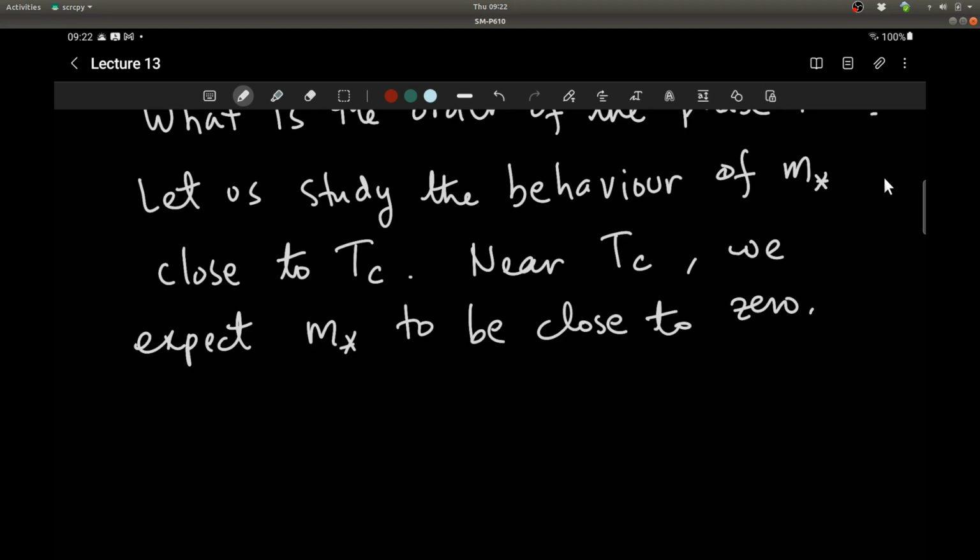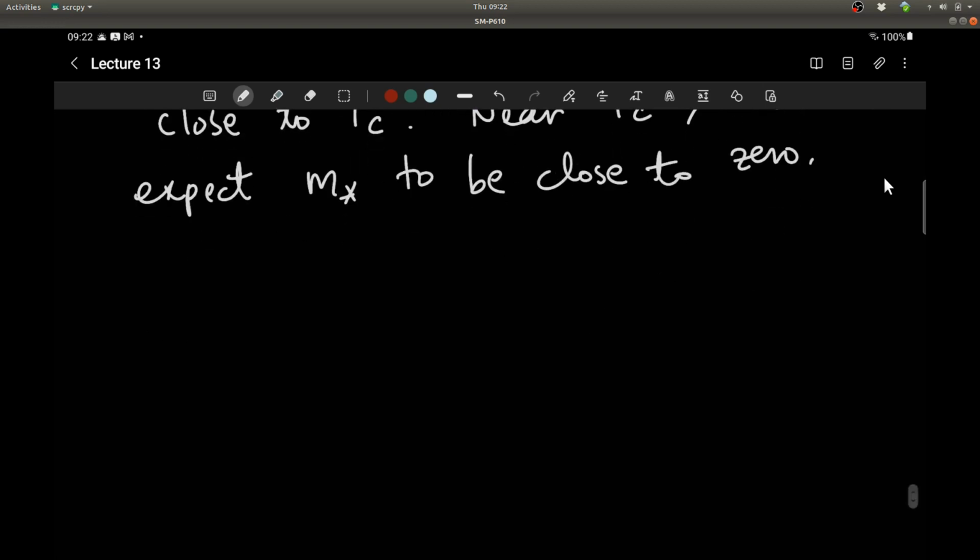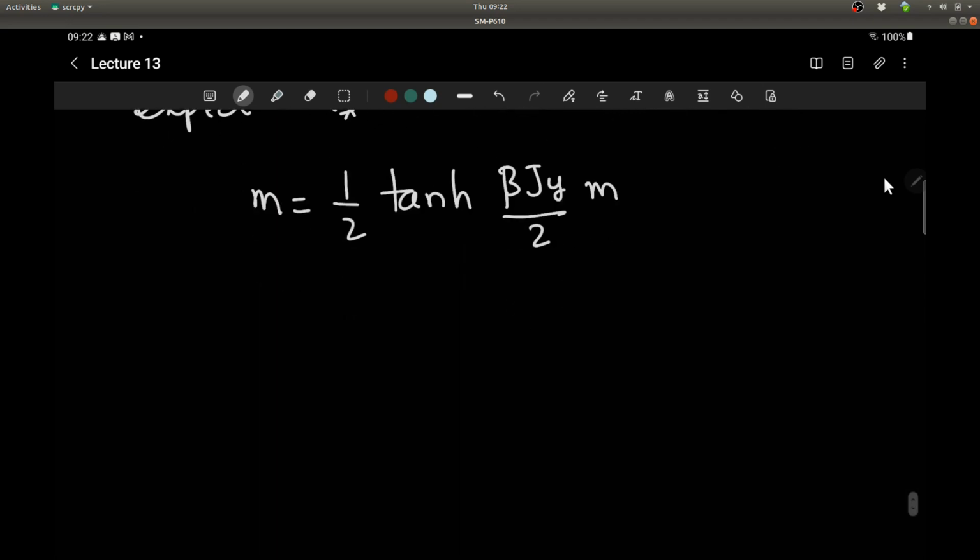So then you got some non-zero value which was small. Okay. So if we do that, let us look at what was our equation. It was m equal to half tanh of beta Jy by 2 into m. Okay, so I'll rewrite this in a particular form. I'll take 2 to this side and write it like this.